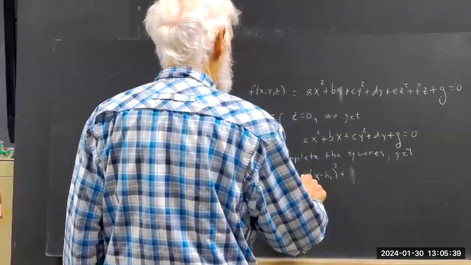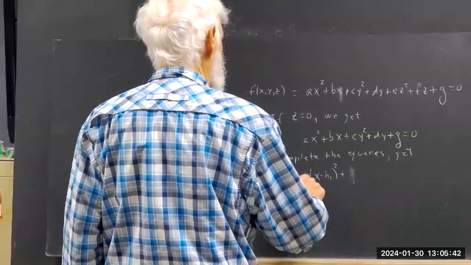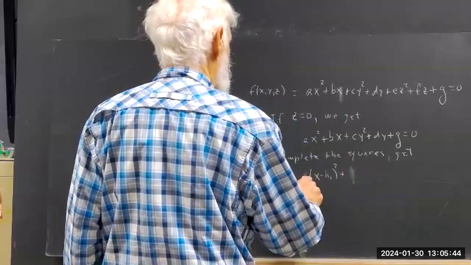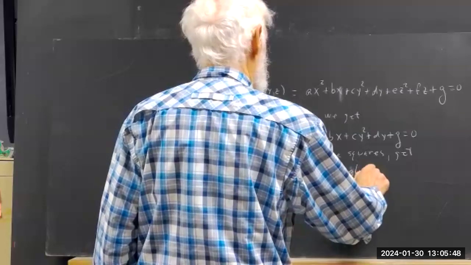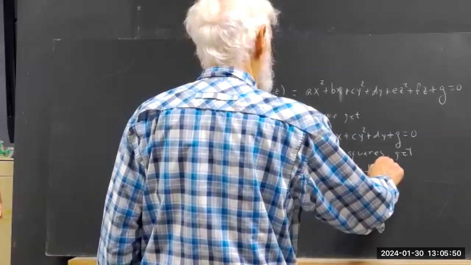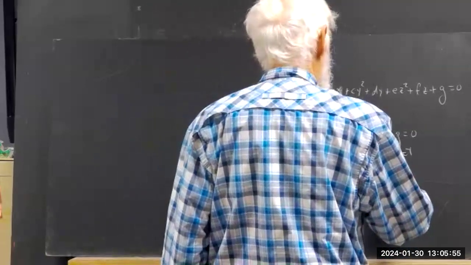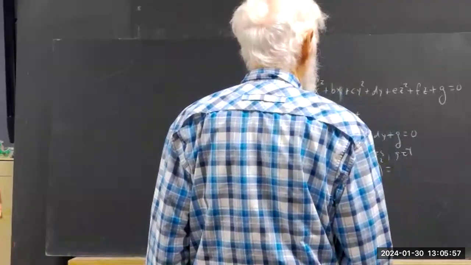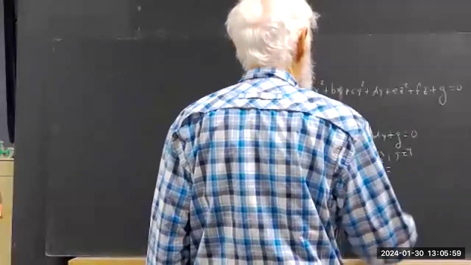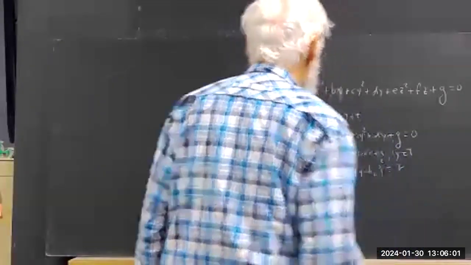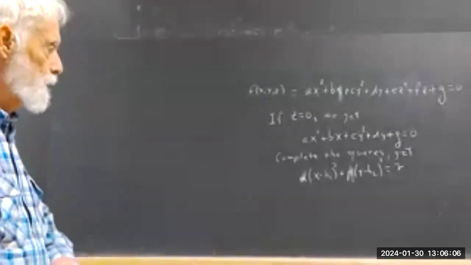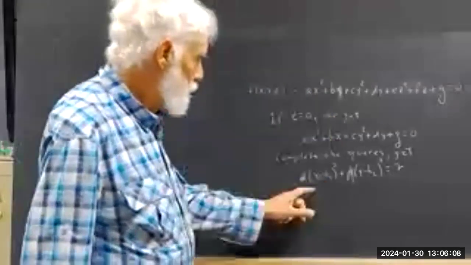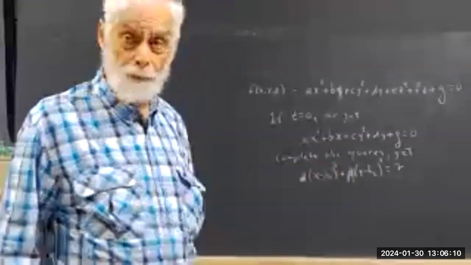I'll use alpha. We can complete the square on X and we're going to get X minus something squared.